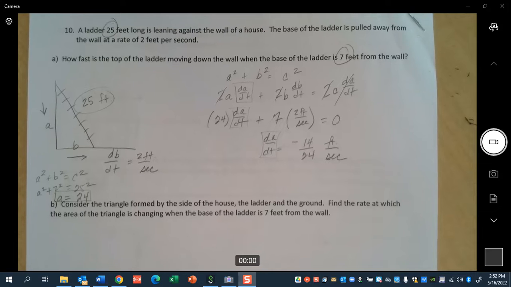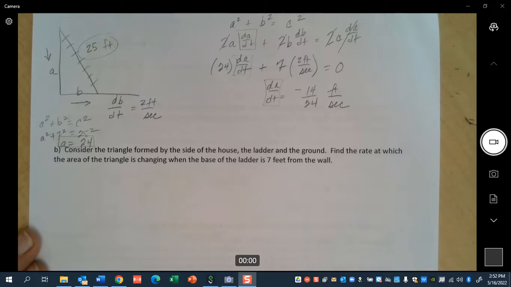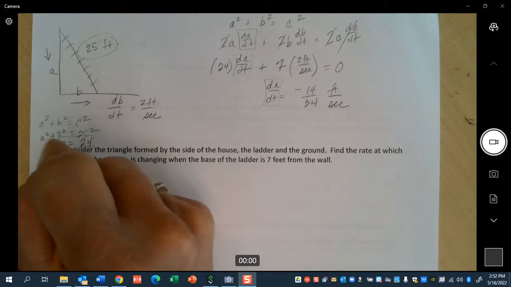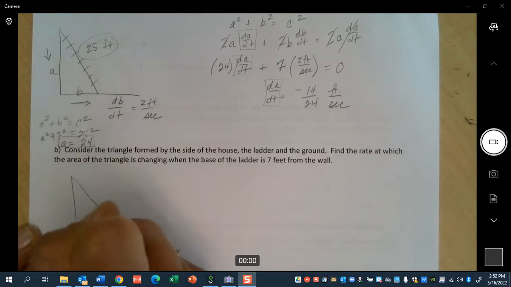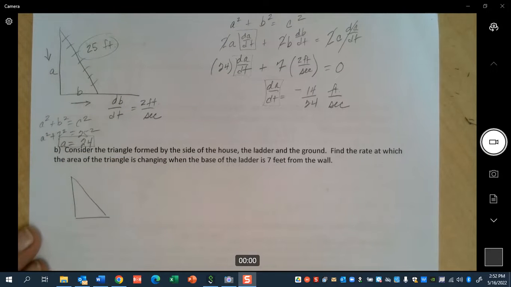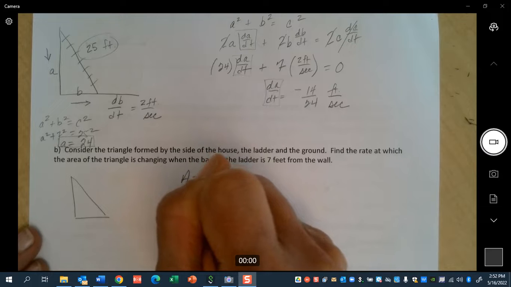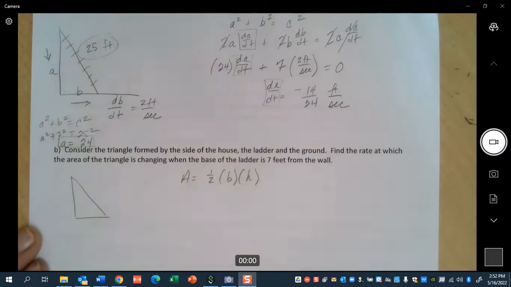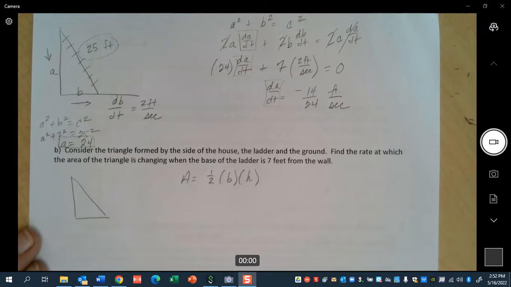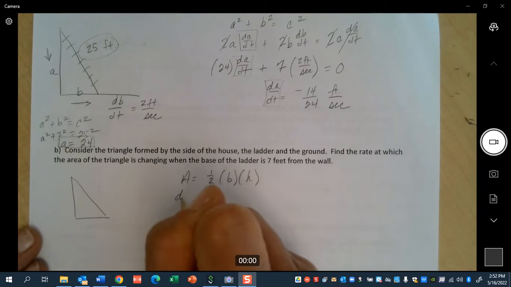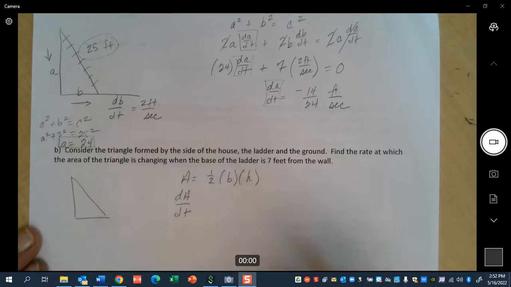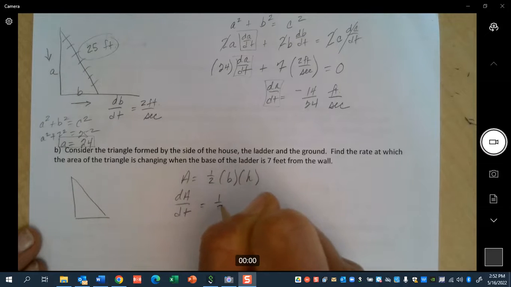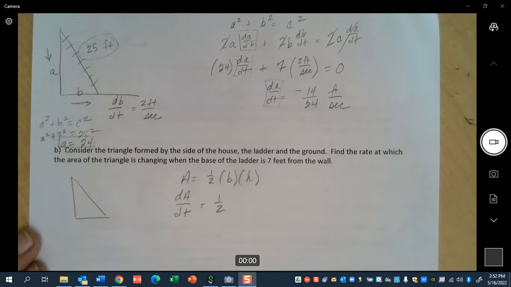Okay, so now they're talking about the triangle. Consider the triangle formed by the side of the house, the ladder, and the ground. Now I need to know the rate at which the area of the triangle is changing. I know that my area is 1/2 times the base times the height. If I want dA with respect to time, I have my product rule.